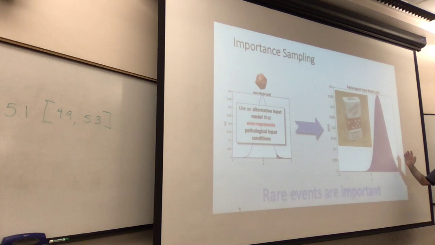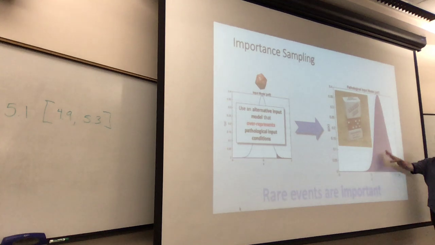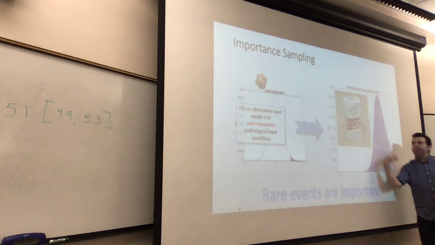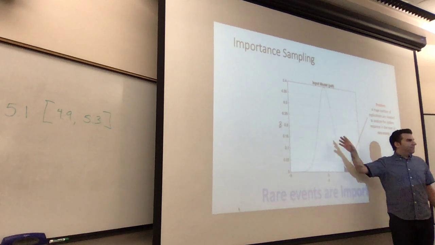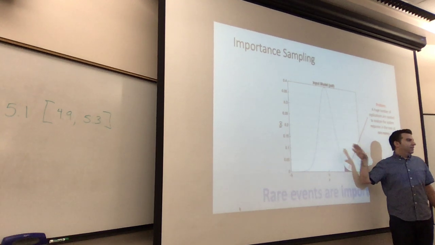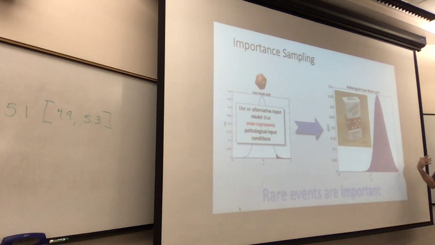And now the question is, I know that if the pilots were always driving through thunderstorms, they would always have more problems than normal, but then how do I go back and estimate what it would be like if they were running through the normal input distribution here? The idea is that I can use mathematics.